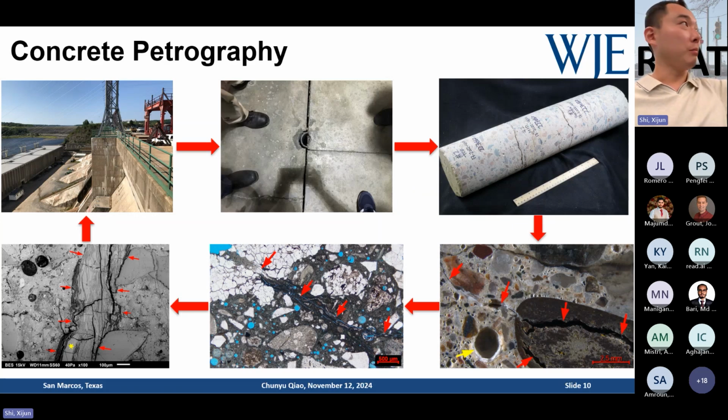You can see those micro cracks are filled with some white stuff, or some secondary deposits, we call that. So that is ASR gel, occupying ASR associated micro cracks from reactive aggregate particles. That's a very standard feature of ASR on a polished section.